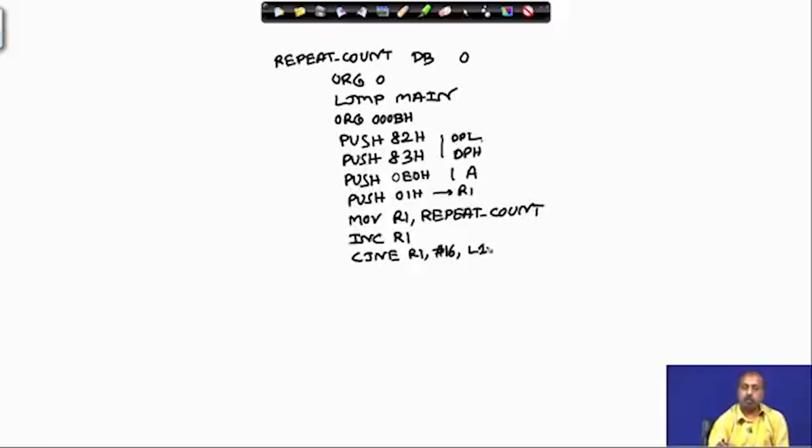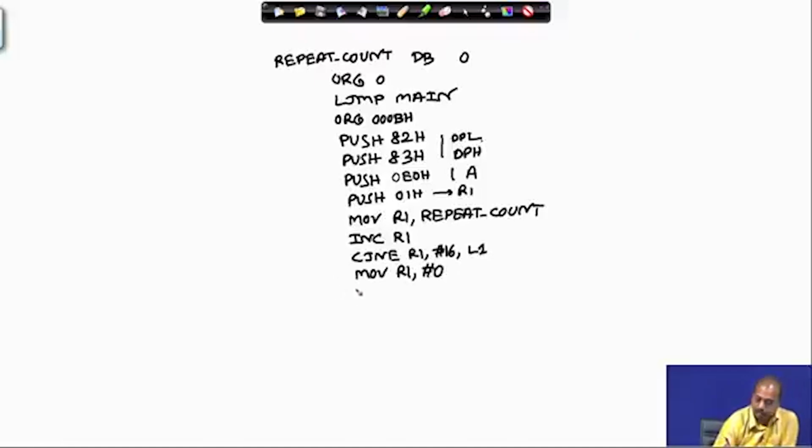The part of the code we will be writing now will become useful when this count value has become 16, so that the second has to be updated. So, for updating the second, what do we do? First we reset R1 to 0: move R1 comma #0.